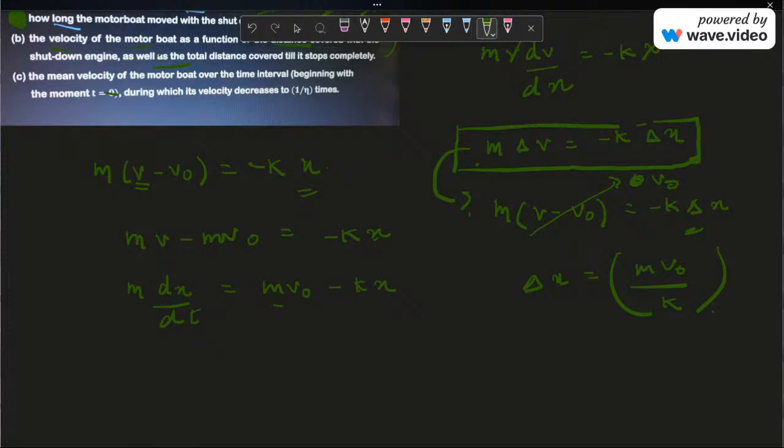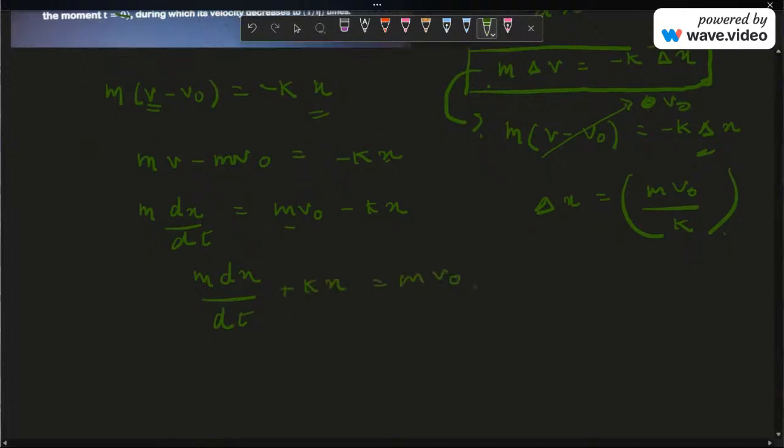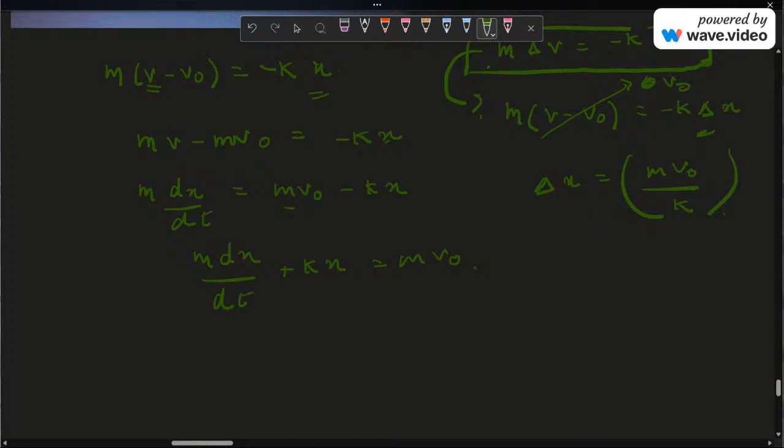So m dx by dt plus kx is equal to mv naught. m dx plus kx dt is equal to mv naught into t.